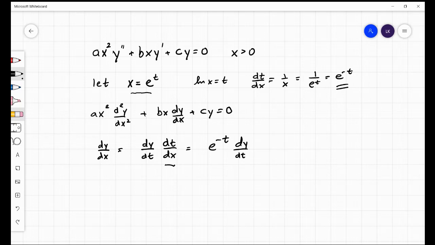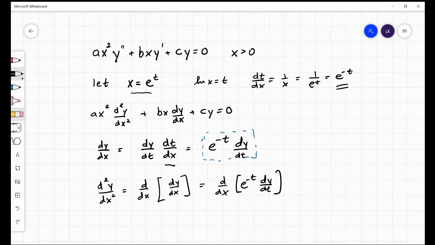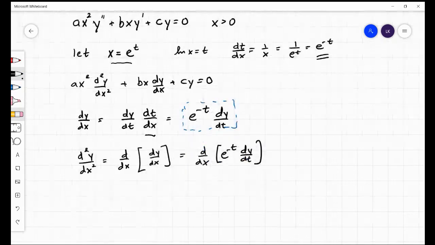Okay. So then we want to find the second order derivative of y with respect to x. So that's the first derivative with respect to x of the derivative of y with respect to x. But dy dx we already found. So what we're going to do is use chain rule again.